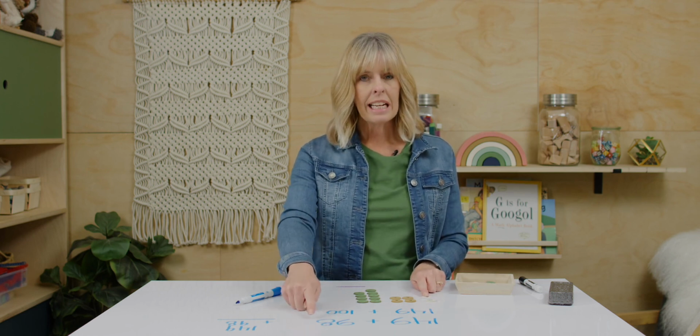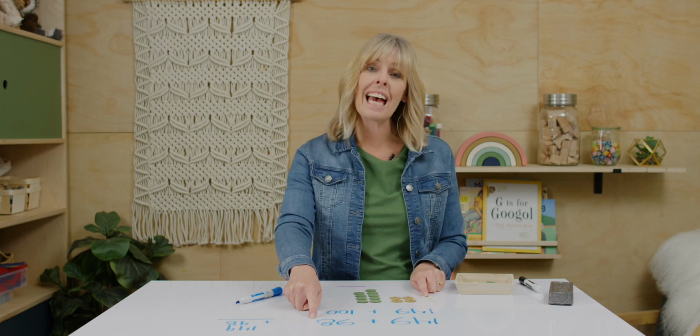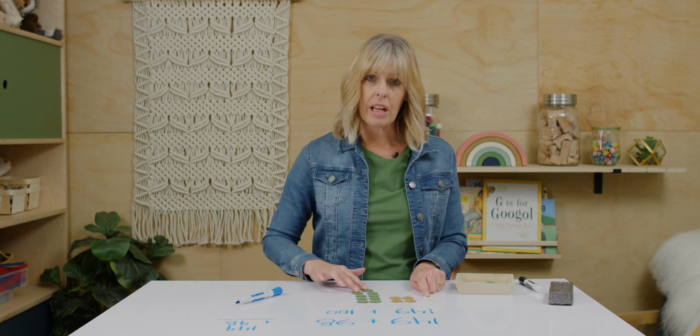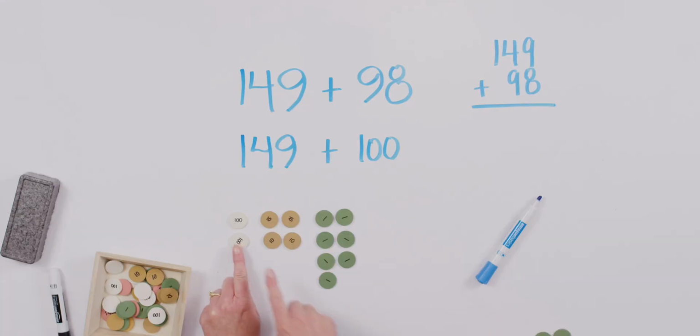But am I really adding 100? No, I'm only adding 98. So by adding 100, what do I need to do? I need to take 2 away, don't I? Because I added 2 more in my hundreds, so therefore I need to take 2 more away.